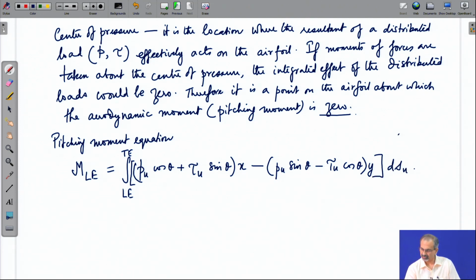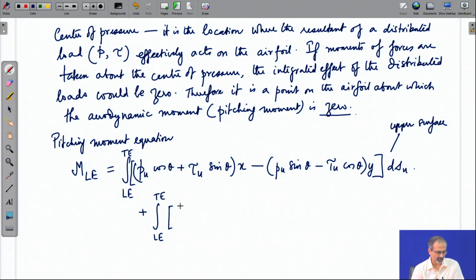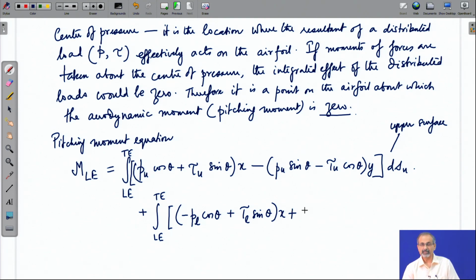This is for the upper surface, and we similarly write it for the lower surface, and remember that the theta from point to point would depend on the surface geometry. We were just talking about the airfoil geometry a few minutes back. Once you define the geometry, as you move from one point to the other on the surface of the airfoil, you get the x and y coordinates of those points, plus you get the slope of the surface, and accordingly the theta gets defined.